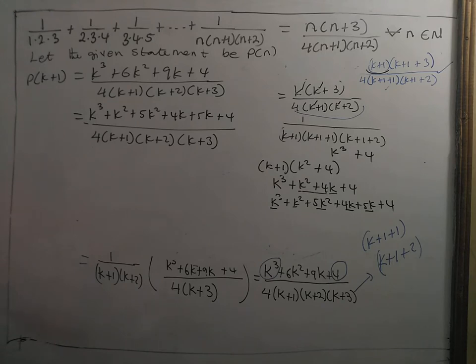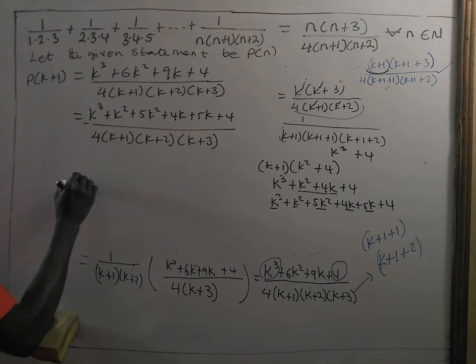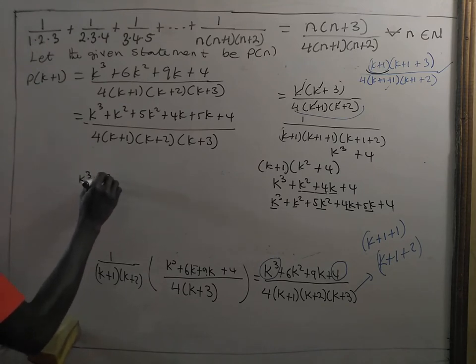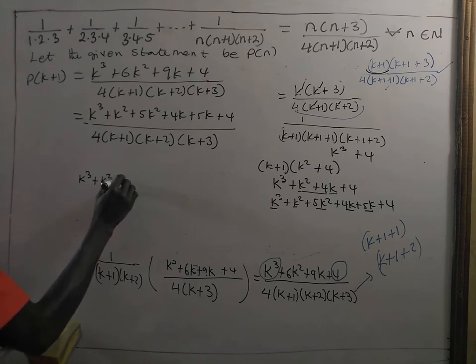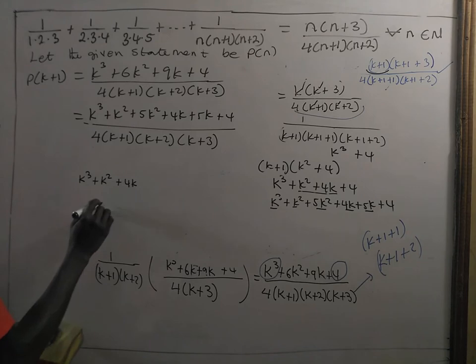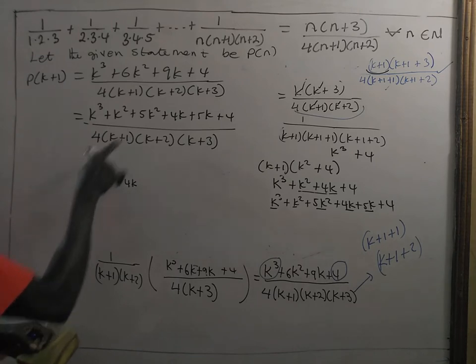So, what can we do here? Can we group and then do some factorization? Yes. Let's see. We have k cubed plus k squared plus 4k. Or, okay, let's use the 5k.